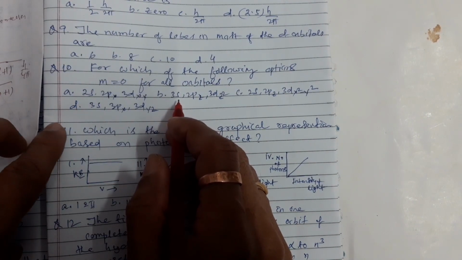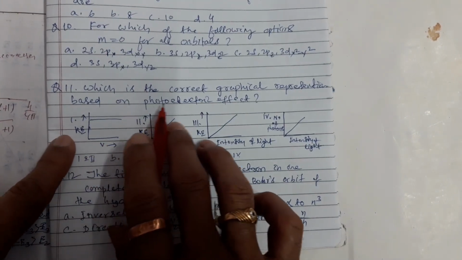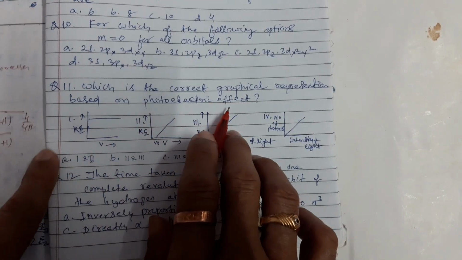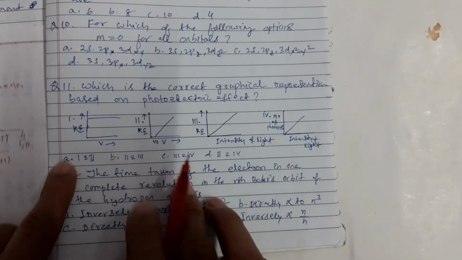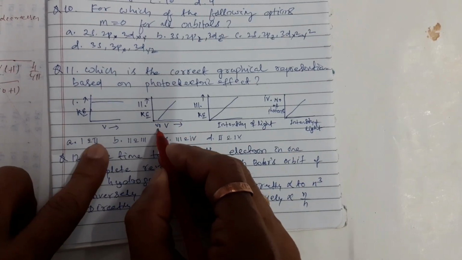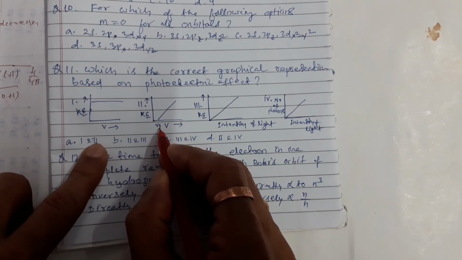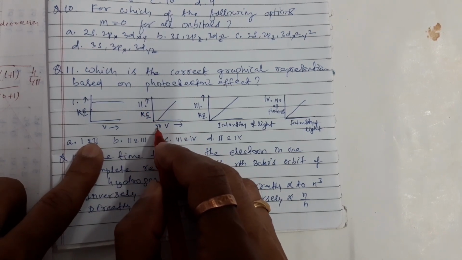Okay, students. Next, which is the correct graphical representation based on the photoelectric effect? When you consider the photoelectric effect, you see here the threshold frequency nu 0 is present on the x-axis.